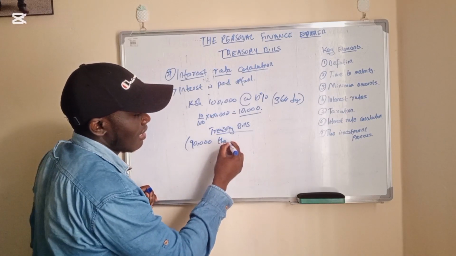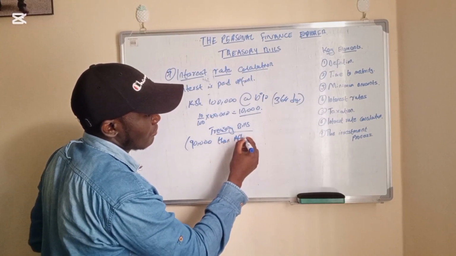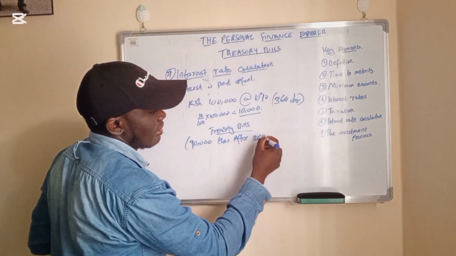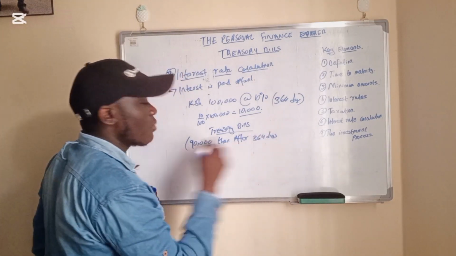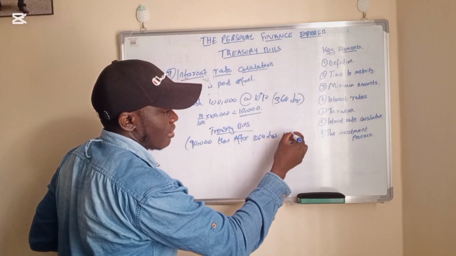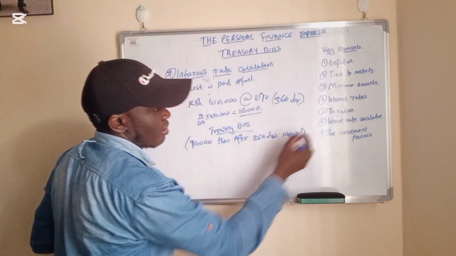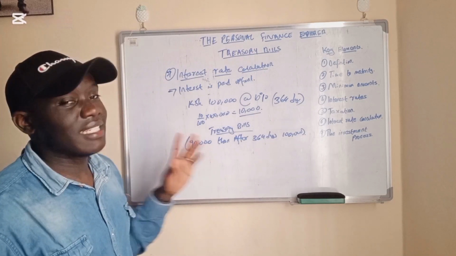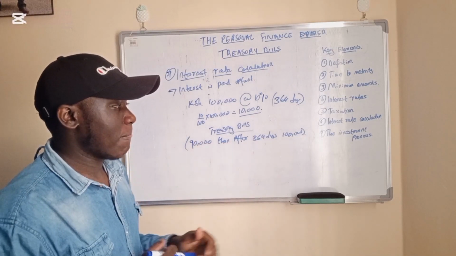Then, after 364 days, now you get back 100,000. I hope it makes sense saying that interest is paid upfront.